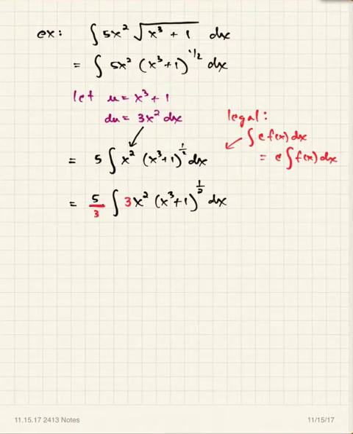If you put a 3 in the denominator here, what would happen? I can take this 3 outside of the integral, and it would cancel with the 3 that's on the outside, and it's like I haven't done anything at all. I'm left with the 5. So multiplying by 3 and then multiplying by 1/3 outside the integral is a legal move.